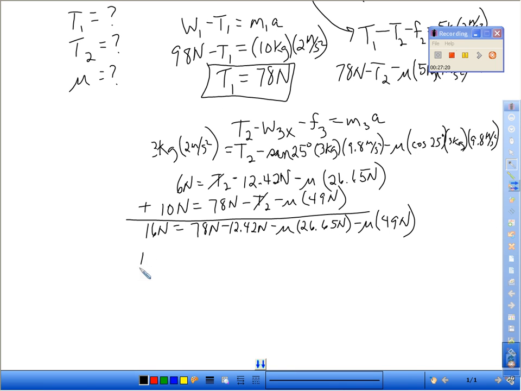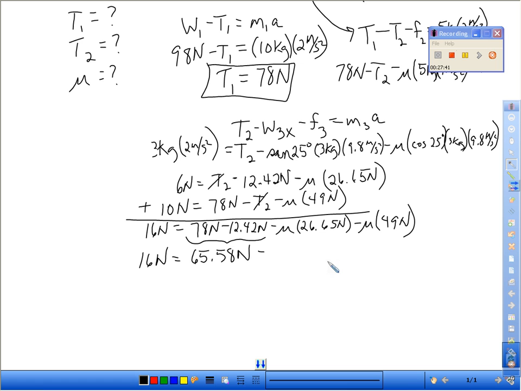So I'm going to say 16 newtons. Now 78 minus 12.42 should be easy enough to get on my calculator. So I'm going to take 78 minus 12.42 and I'm going to get 65.58. And then I have the same unknown on both of these, so basically I'm going to add 49 to 26.65.